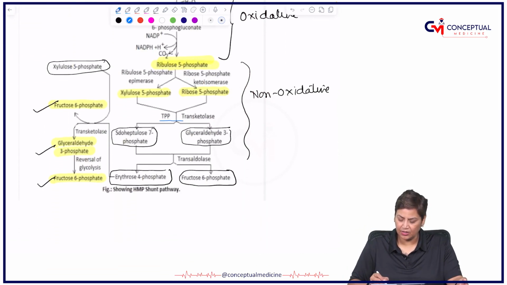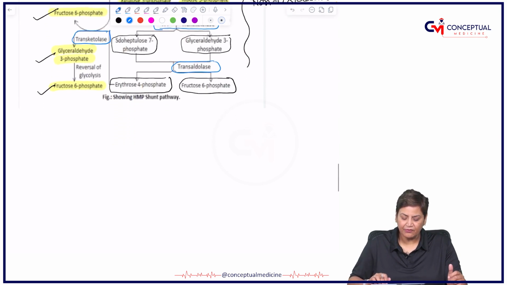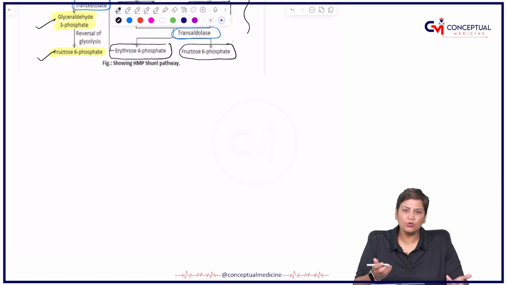As you can see here also, TPP, transketolase, transaldolase, and again transketolase. So this is the HMP shunt, right? This is very, very important. Now after this HMP shunt, obviously we need to know what is the significance of HMP shunt. What is the use of this?